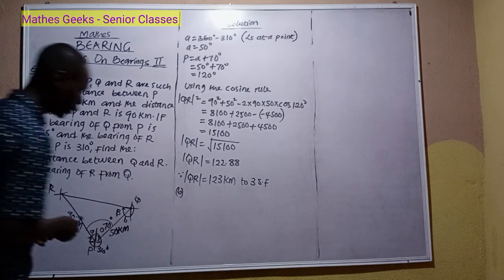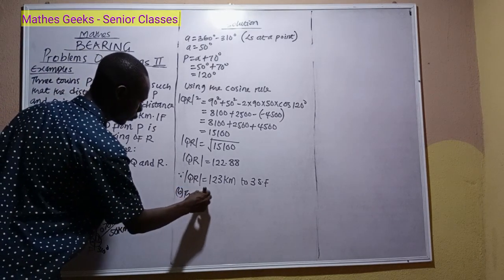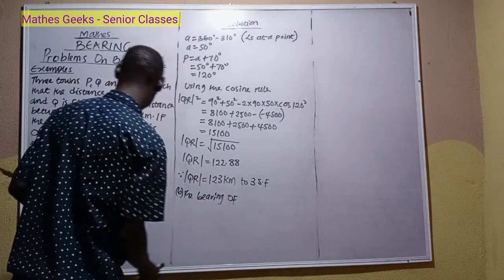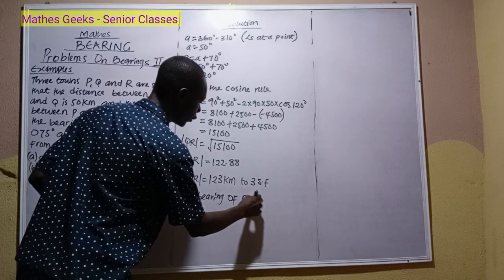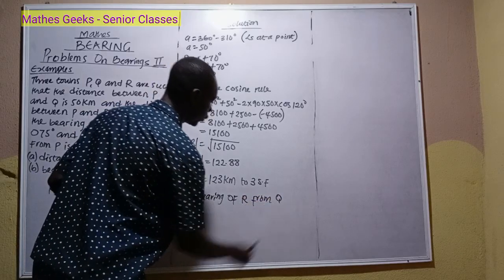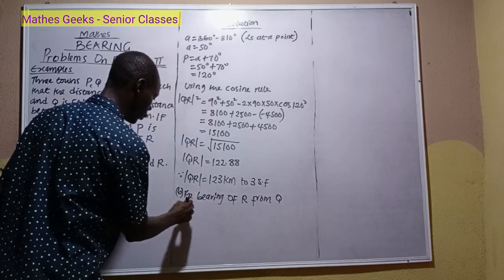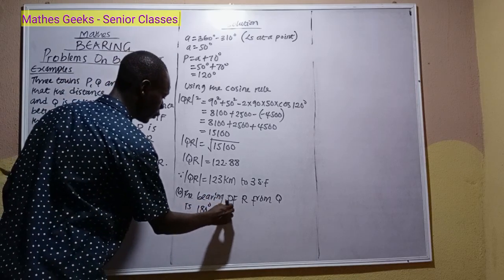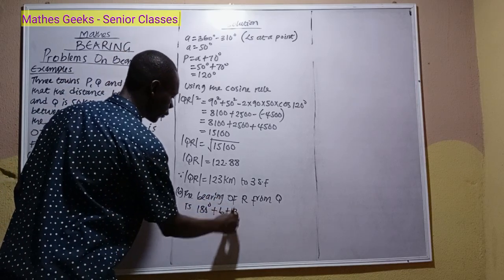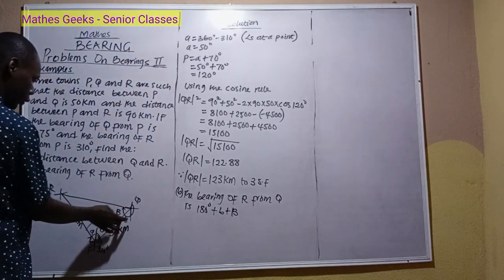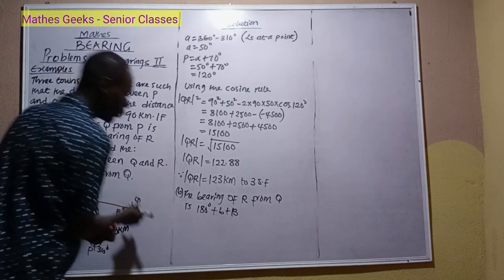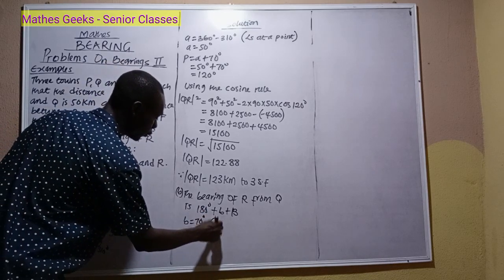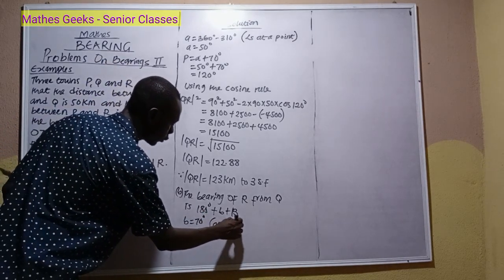So the bearing of R from Q is 180 degrees plus B plus beta. B can be gotten from here using alternate angles, so B is equal to 70 degrees.